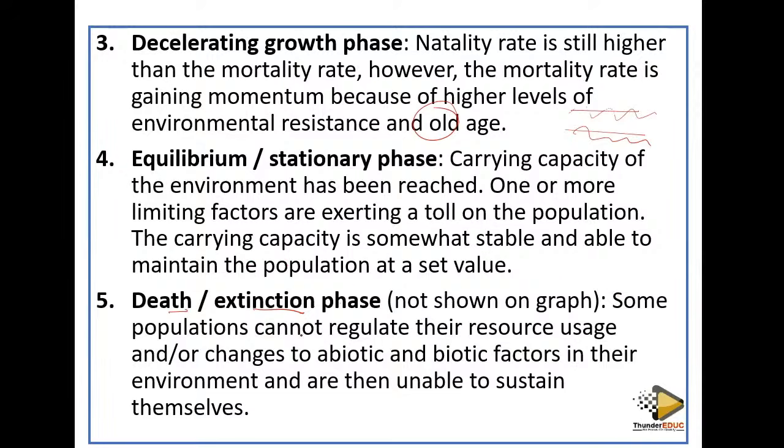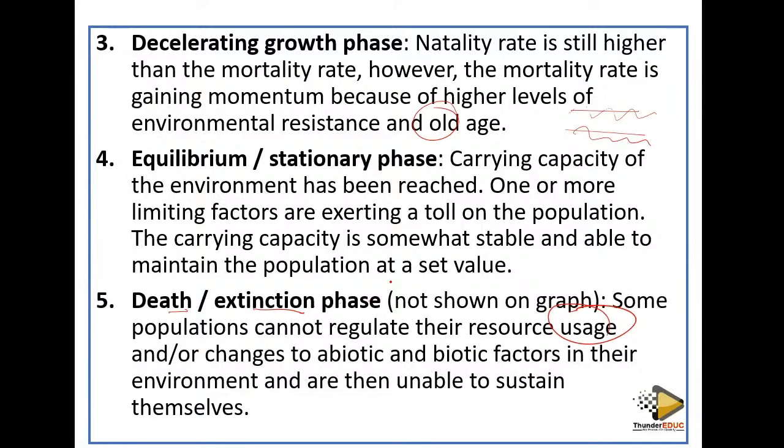Some populations cannot regulate their resources, meaning they can't regulate how much they use those resources. Or there are changes to abiotic and biotic factors in their environment and they are then unable to sustain themselves. Because of that, this phase is not commonly there, but in most cases it is.